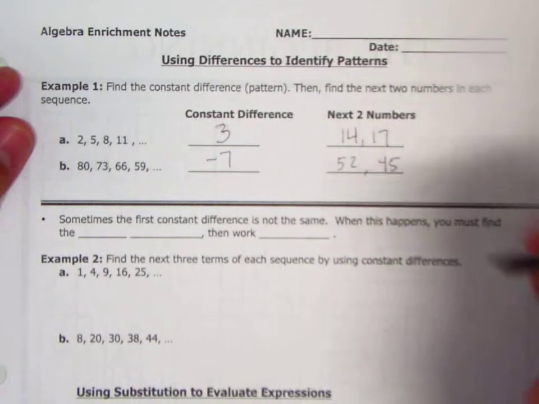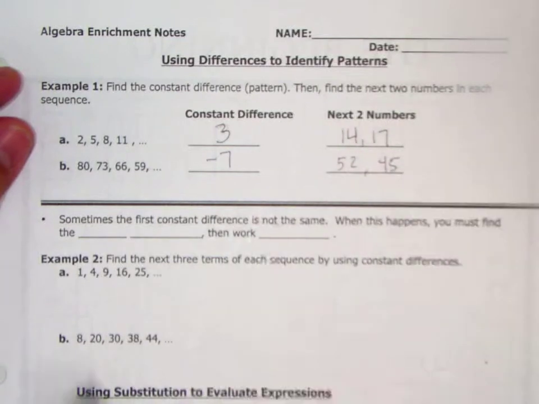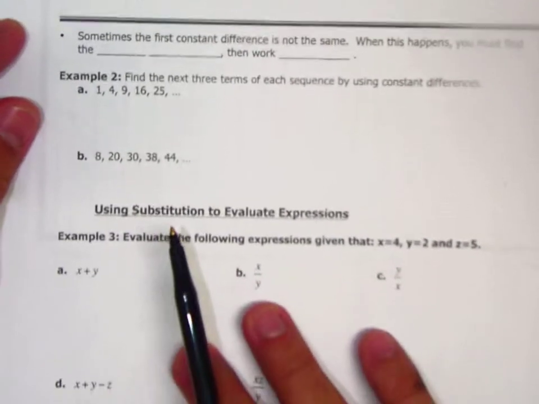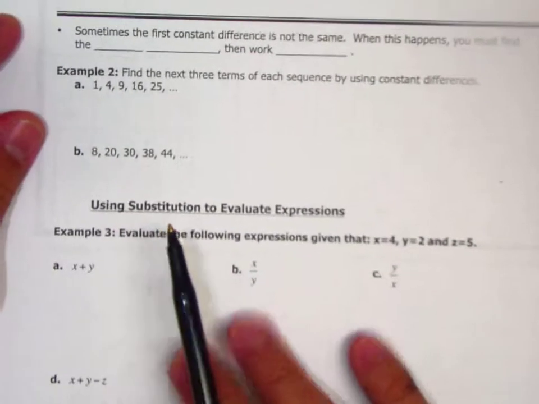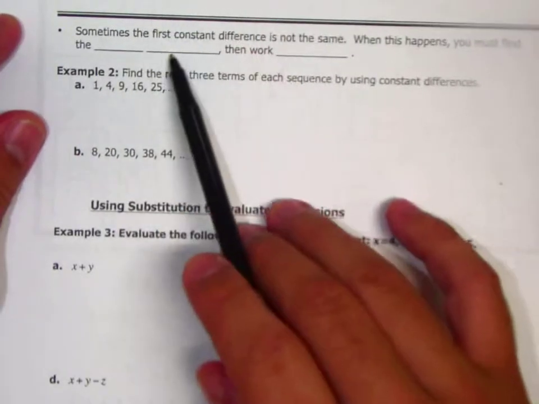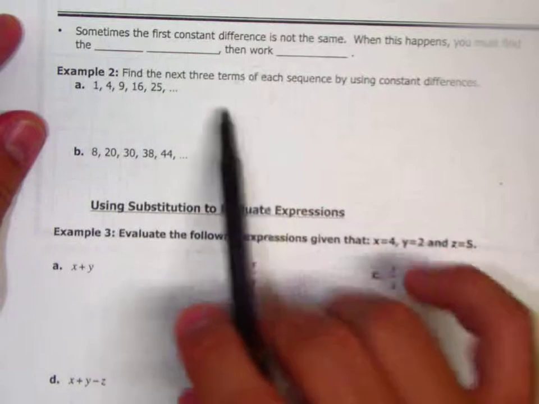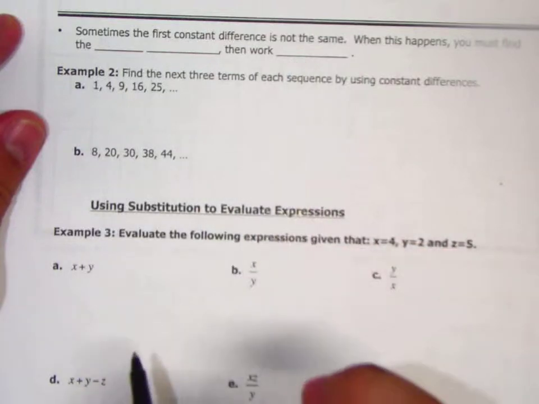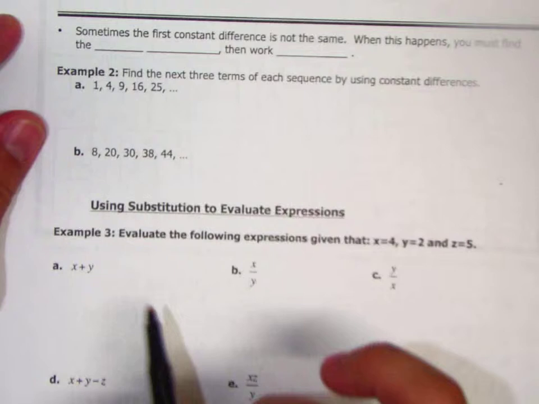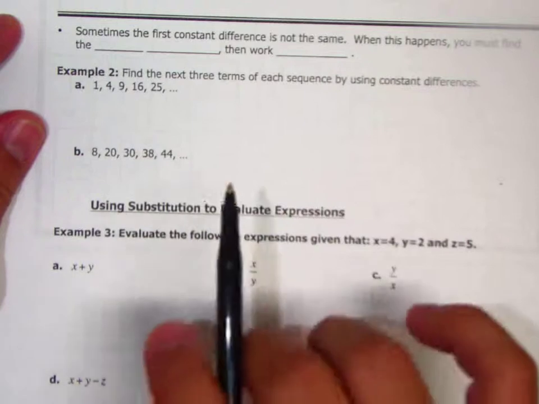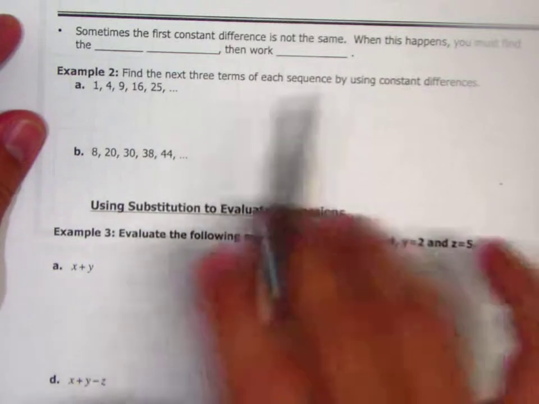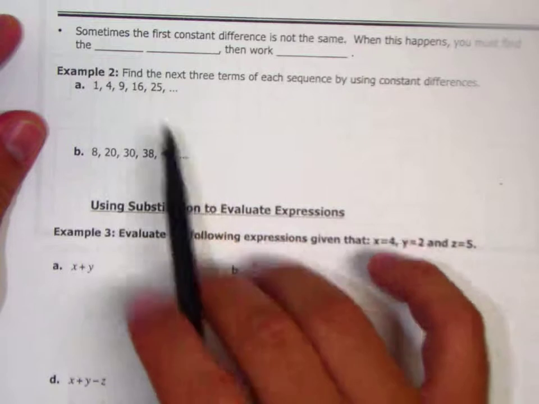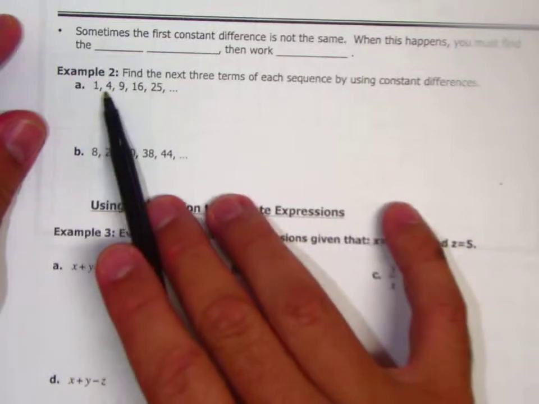Okay. Now sometimes, as I scroll up here, sometimes your first constant difference is not the same. Okay. And if this is the case, you need to actually go and do the second constant difference. Okay, so as we look at these numbers, I'll show you how to do this.